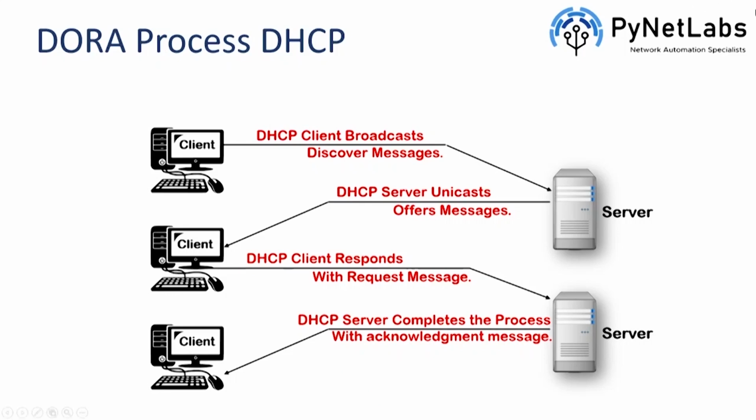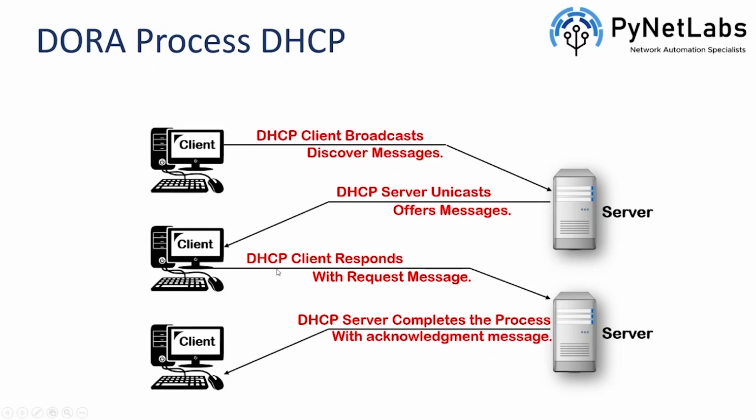We can see in this picture a client connected with a server. The client is sending a DHCP client broadcast discover message. The discover message is being sent to the server. Once the server receives that, the server is going to unicast the offer message. It is going to offer some IP to the client: okay, I can give you this IP.